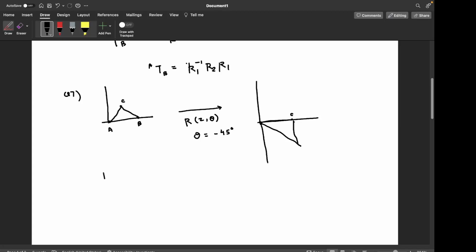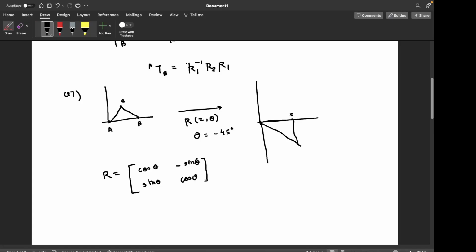So first we write the expression of the rotation matrix. Since we are working in a 2D rotation, we can just write the two-dimensional rotation matrix, and since the rotation is about z, the matrix is cos theta, minus sine theta, and again cos theta.